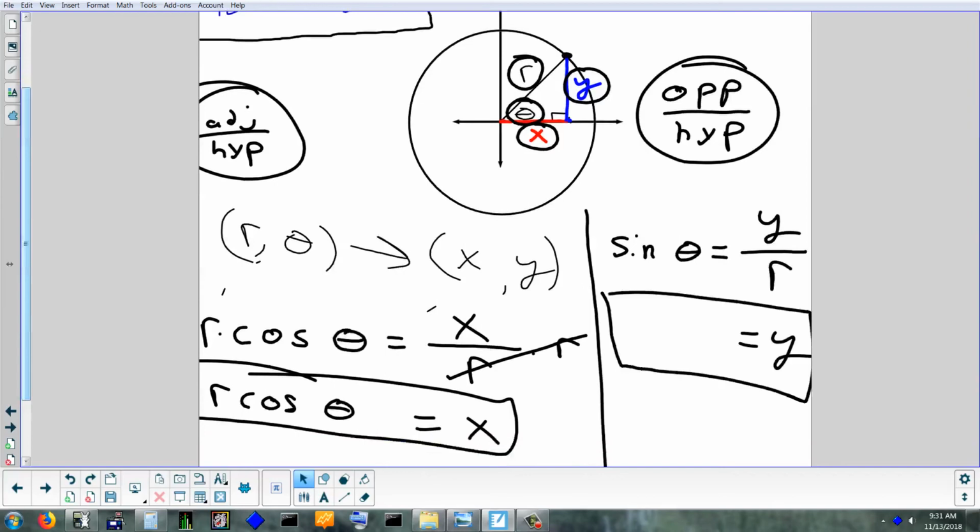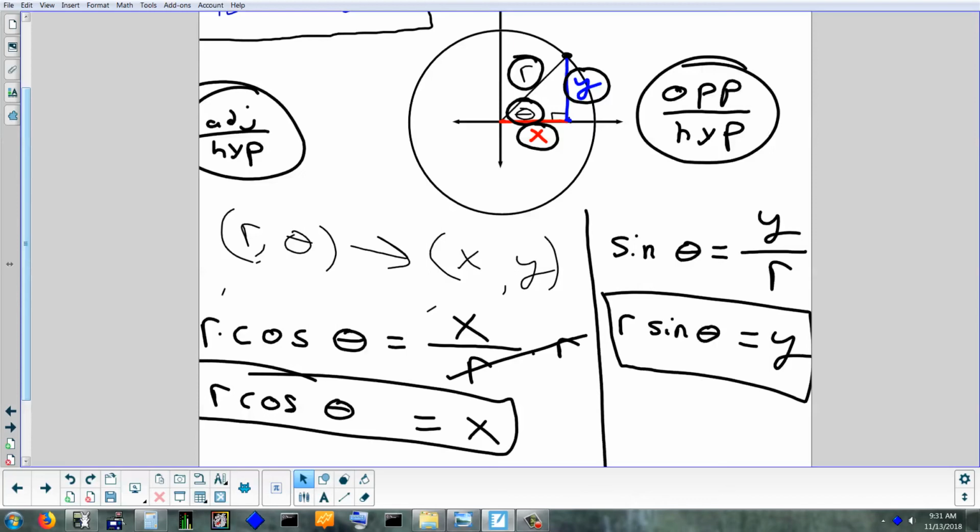So what's going to go on the left-hand side of that equal sign? R. Yep, part of it. R sine theta. Yep. So if you want to convert a polar coordinate to the y value, you use r sine theta.